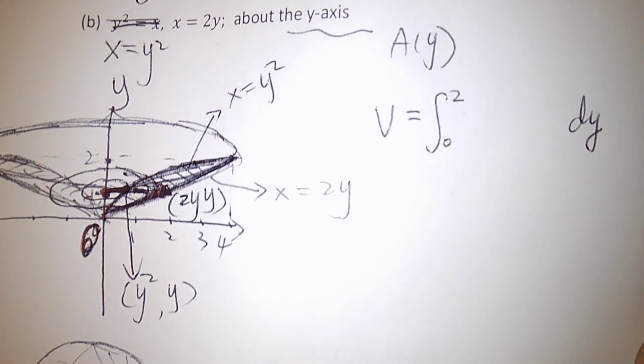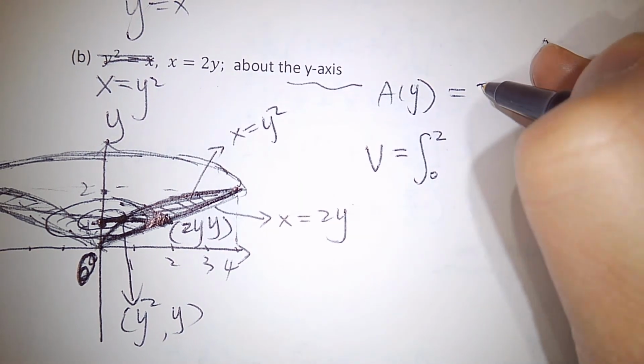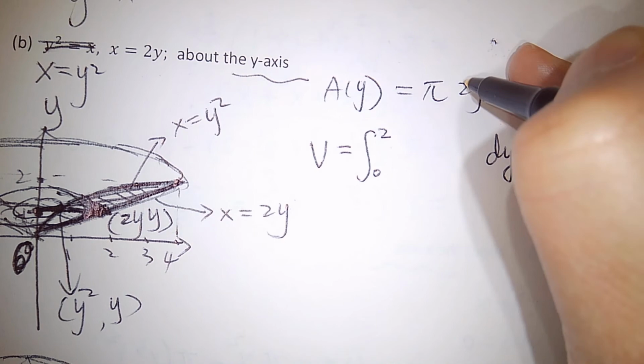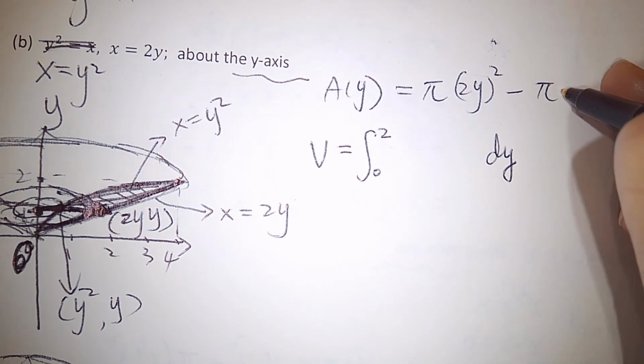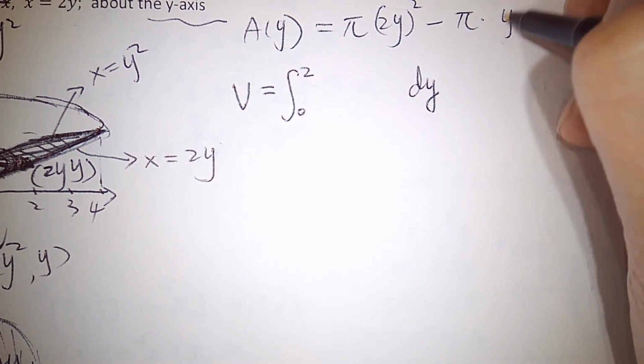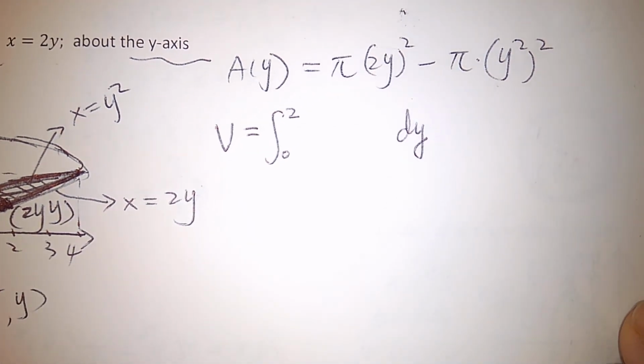Alright, so our washer area equals pi times the outer radius squared, which is (2y) squared, minus pi times the inner radius, which is y squared, squared.